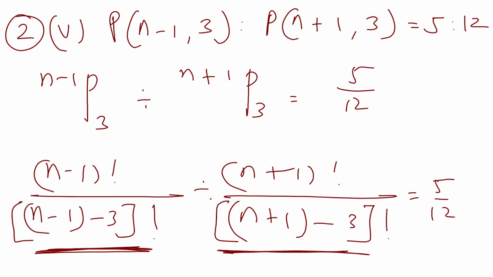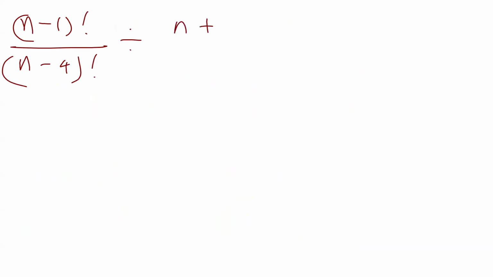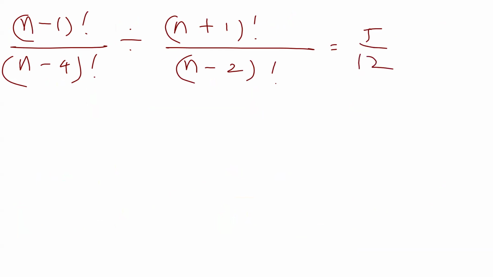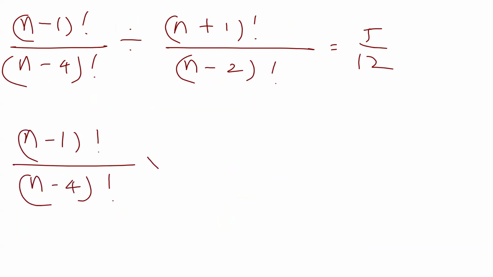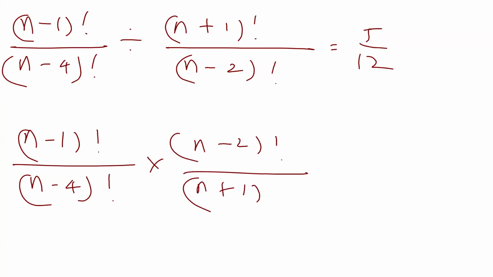So (n minus 1) factorial upon (n minus 4) factorial, divided by (n plus 1) factorial upon (n minus 2) factorial, equal to 5 by 12.